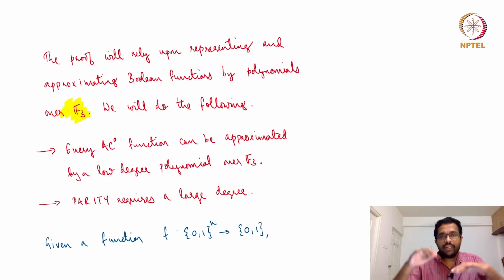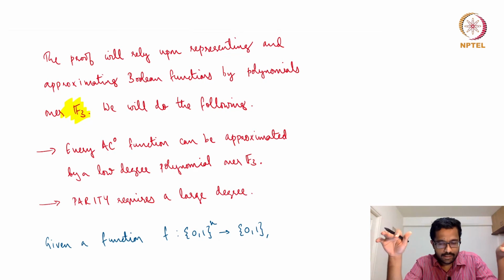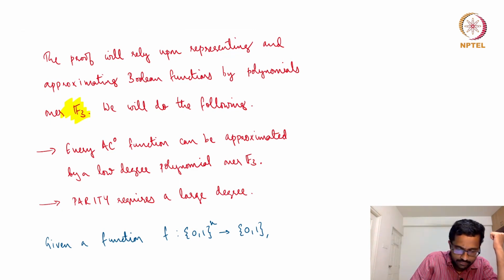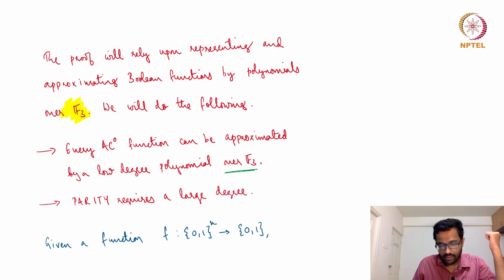And the very high level outline of the proof is that any AC0 function can be approximated by a low degree polynomial. So any function that can be computed by an AC0 circuit has a low degree polynomial approximating it over F3. This is very important. But the parity function needs a large degree over F3.